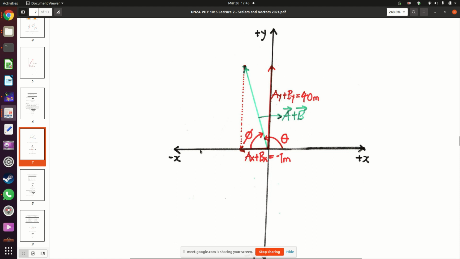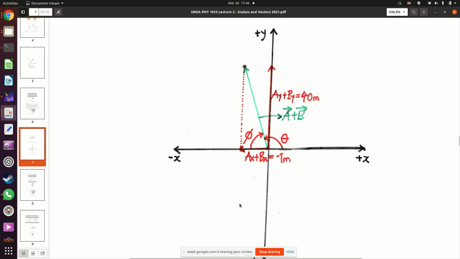If you measure an angle in a clockwise direction, that angle is going to be negative. We are measuring our phi from the negative x-axis, and the angle the negative x-axis makes with the positive x-axis is 180.